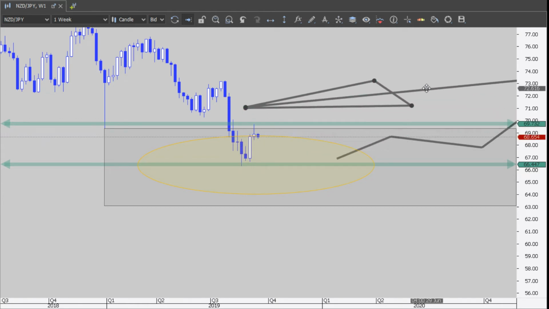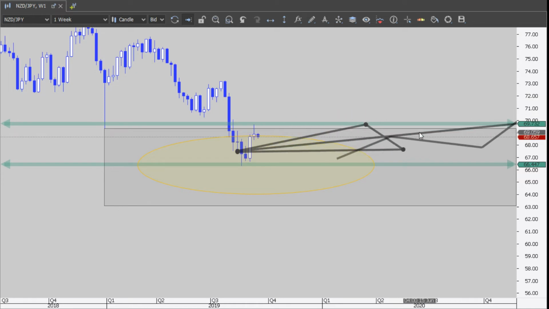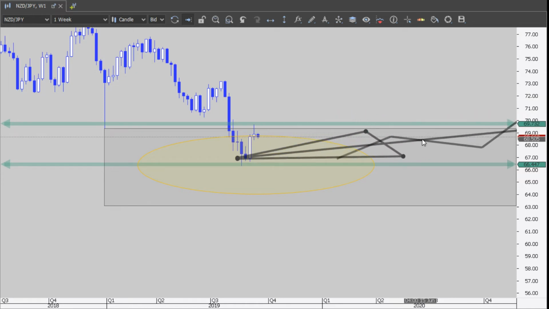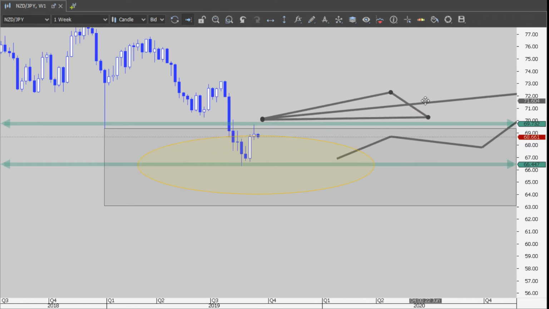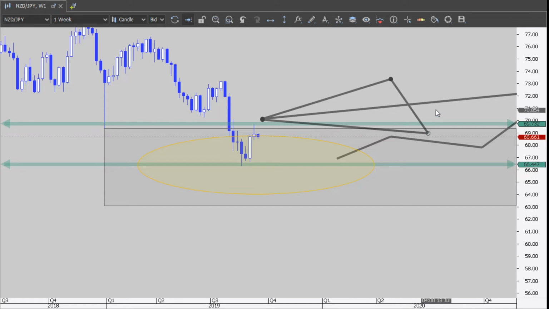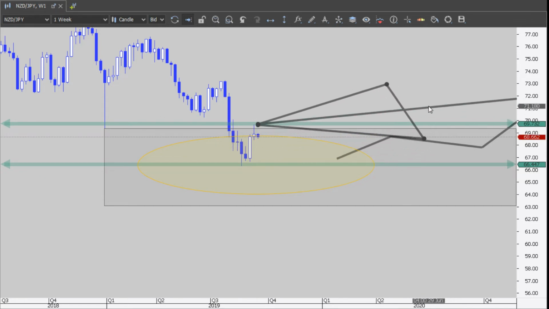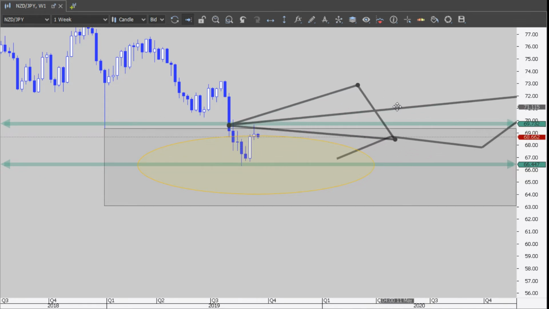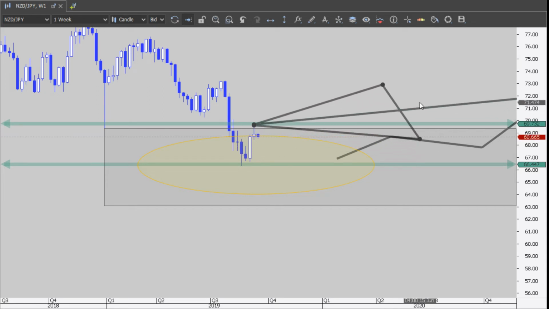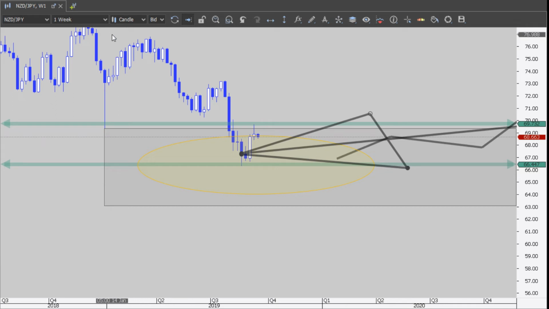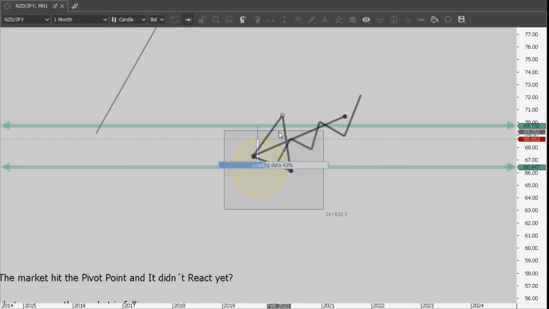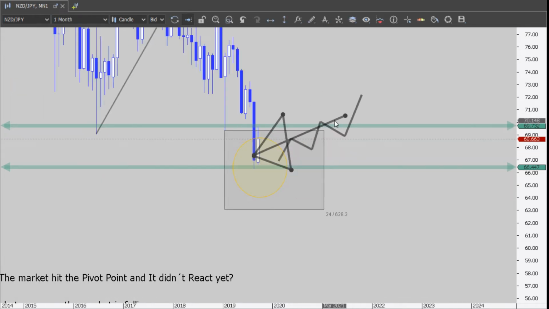Now, when it formed a low on the weekly at the pivot point area, statistically speaking, and there are no guarantees for the statistics of past behavior, we have an 80% chance, I didn't say 100, I said 80% chance, that this is also going to be a low on the monthly.